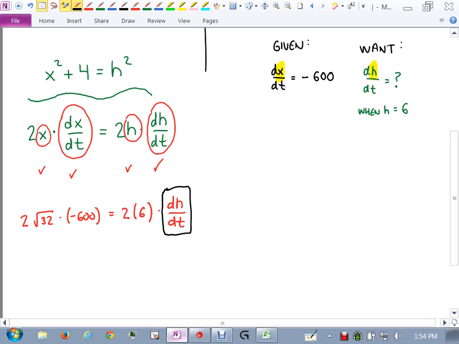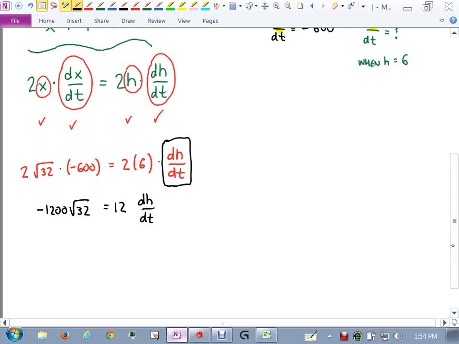So I multiply all that out. What do I get? Negative 1200 root 32 equals 12 dh dt. Divide both sides by 12. So you get negative 100 root 32 equals dh dt.